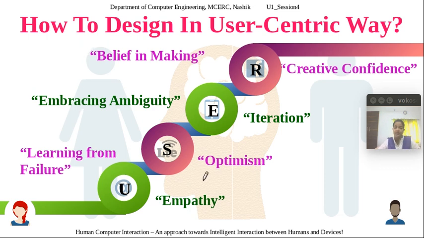Means after achieving all these things, there is again a 1% chance that there can be errors, there can be mistakes, but still you should be able to learn from your mistakes too. Okay, this is the iteration again. If you find certain errors in your application, you should be able to recover from these errors also. Okay, these are some terms related to user centered design. Okay, moving on.